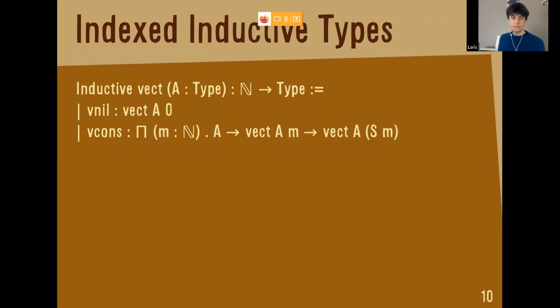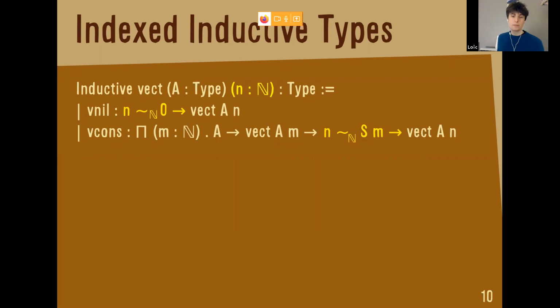If we do our little transformation to convert indices to non-uniform parameters, we will get something that looks like this. We get a new parameter of type integer, or natural number, and we will have two new arguments in the constructors that are basically observational equalities.